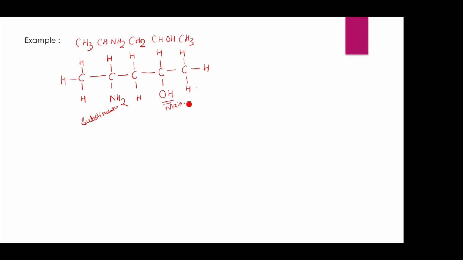So alcohol will act as the main functional group. So accordingly the rule is that we have to write the prefix, then word root, then primary suffix, then secondary suffix.